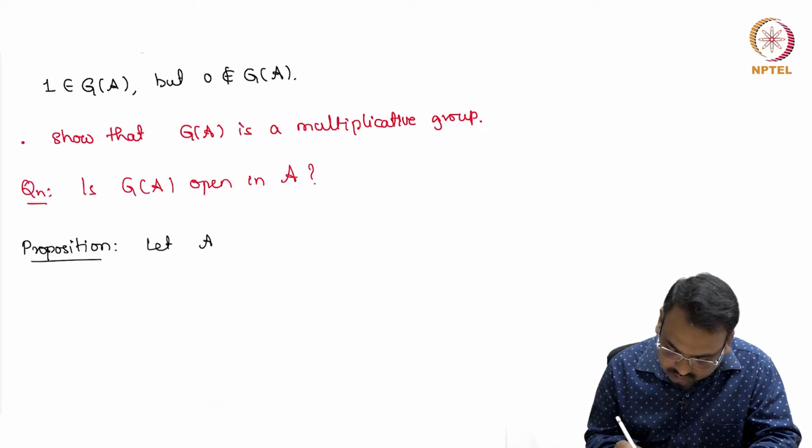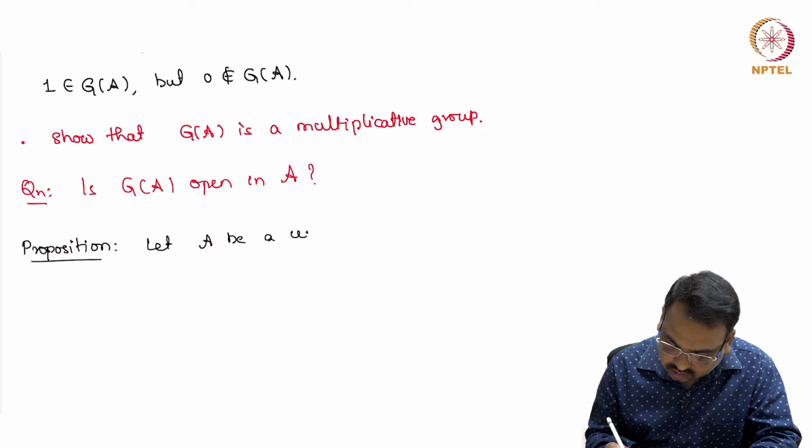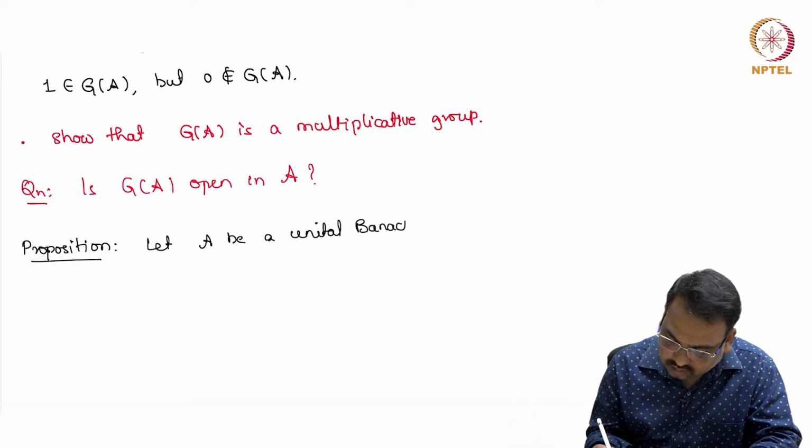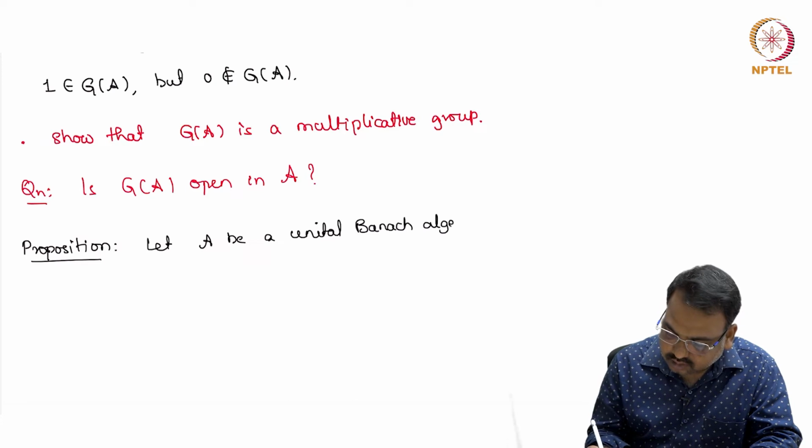Let A be a unital Banach algebra with unit 1.